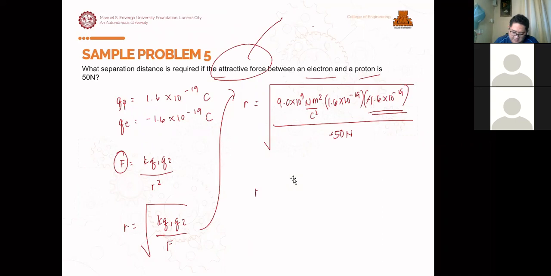Okay? So, ano yung value ng R natin ngayon? So, yung Newton will be canceled out. Coulomb. So, yung dalawa, Coulomb. Makaka-cancel out siya. So, ano yung value natin?